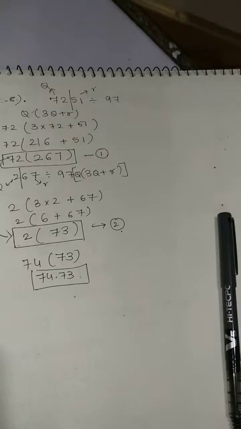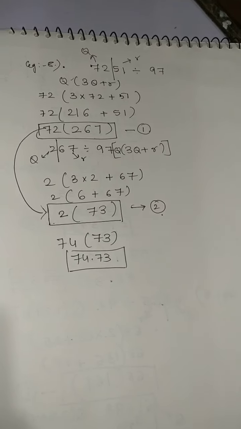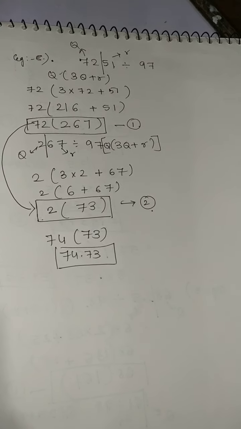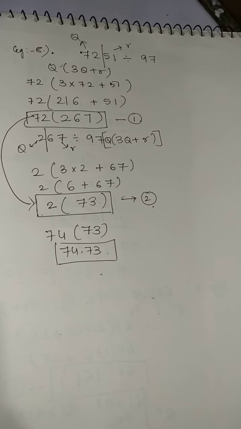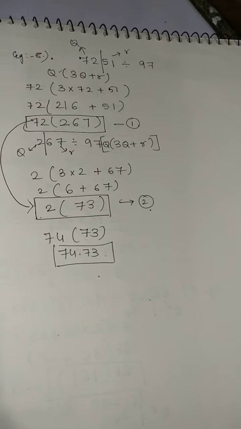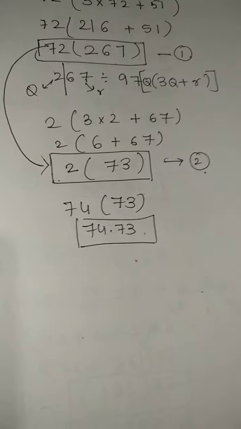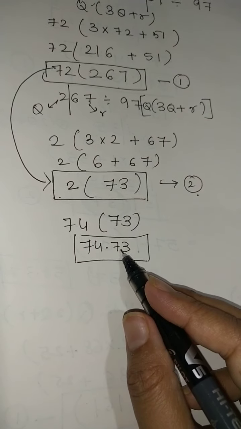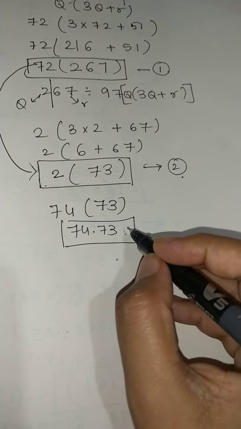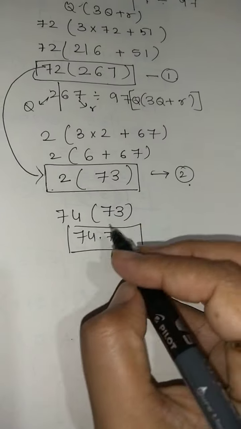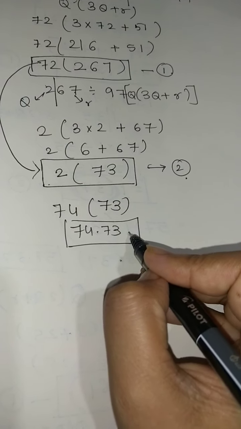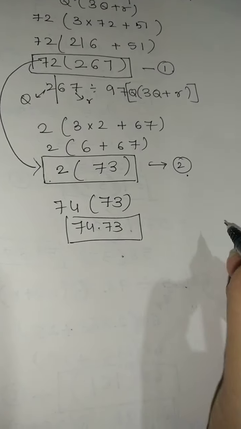Now I want to tell you all one more thing. Sometimes when you try to recheck on the calculator after the decimal, the calculator will give you a very precise answer, 74.732104522223.